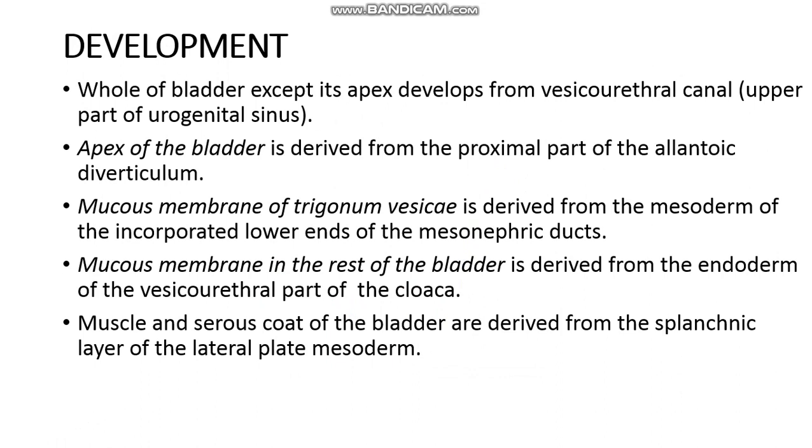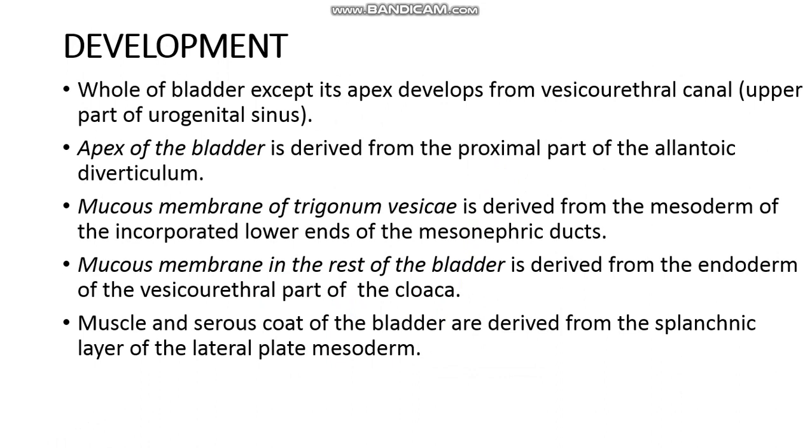Then development. Regarding the development of the urinary bladder, the whole bladder except its apex develops from the vesico-urethral canal, that is the upper part of the urogenital sinus. The apex of the bladder is derived from the proximal part of the allantoic diverticulum.